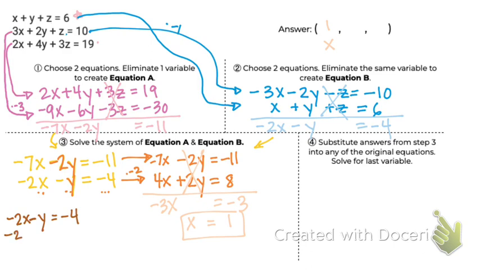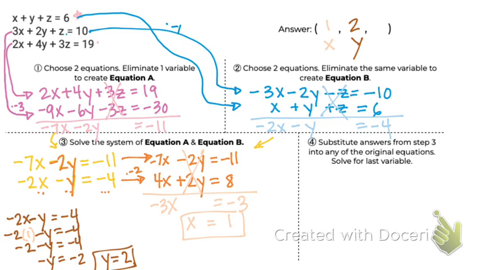So this is negative 2 times 1 minus y equals negative 4. Negative 2 minus y equals negative 4. Negative y equals, if I add 2 to both sides, I get negative 2. So that means that y equals 2. So our second term in our answer here, our coordinate, is our y, and that is 2.